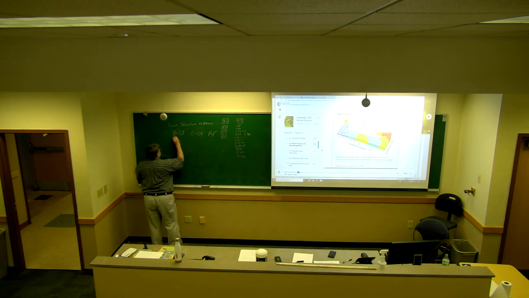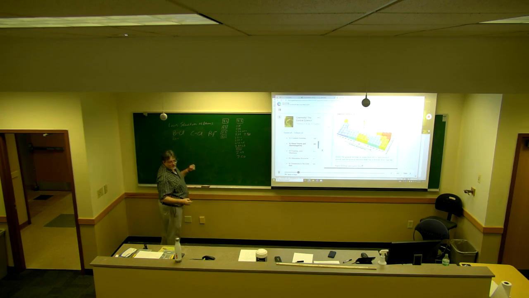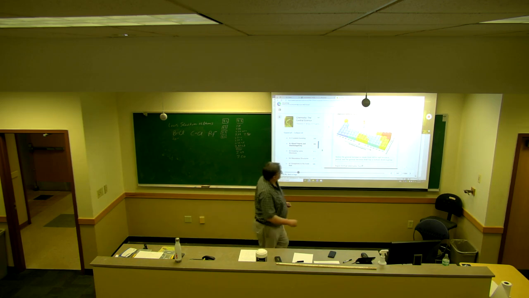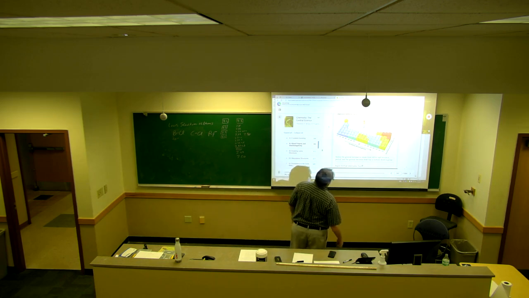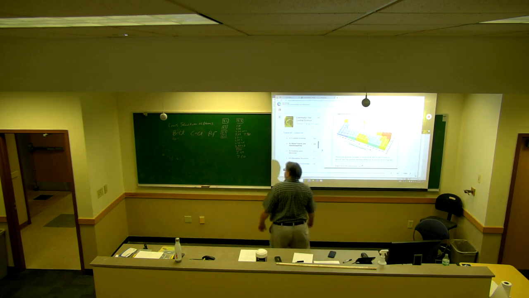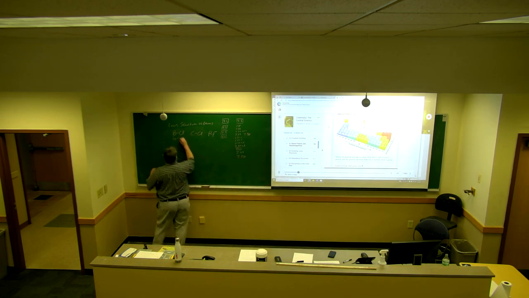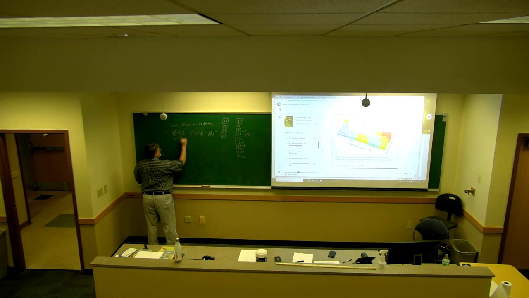What does it say for chlorine? You see it? It's a 3 even. Yeah, 3.0. All right, I'm going to do absolute value, and that's a minus sign, so that equals 1.0.